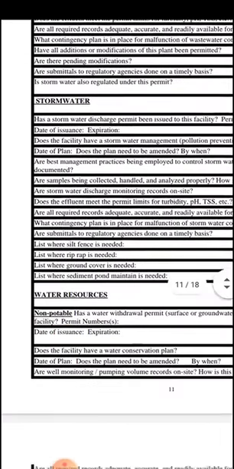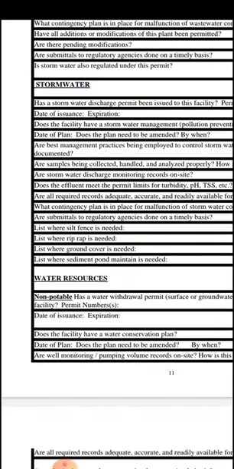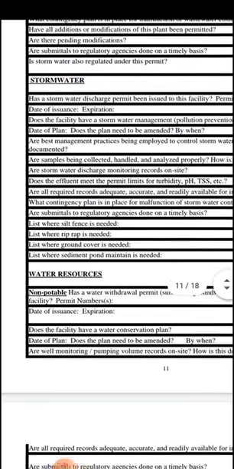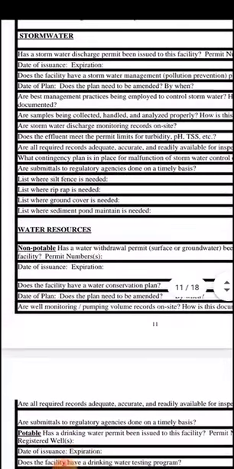This checklist is basically the main component of the environmental audit. We are comparing the fulfillment of all the regulatory requirements by the regulatory bodies. Secondly, we are observing the processes being conducted at that site, and thirdly, we are checking whether those processes are within the limit or not.